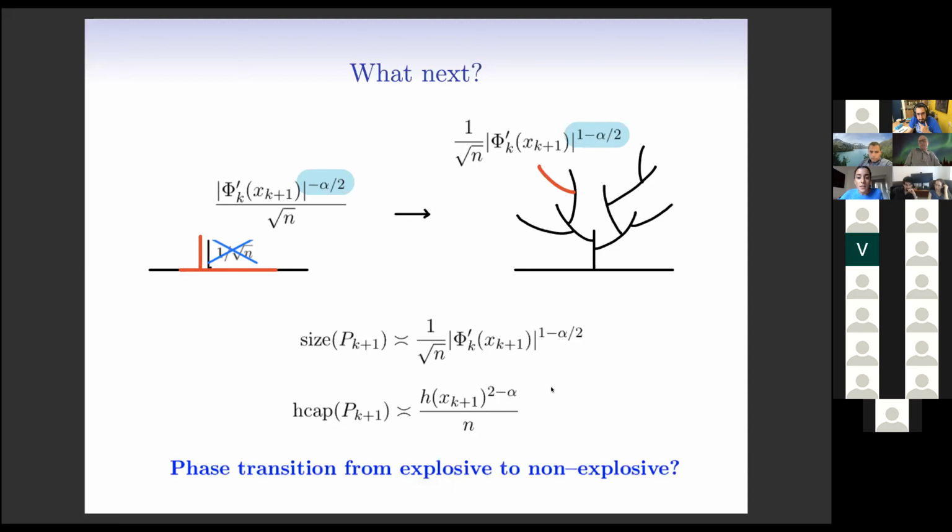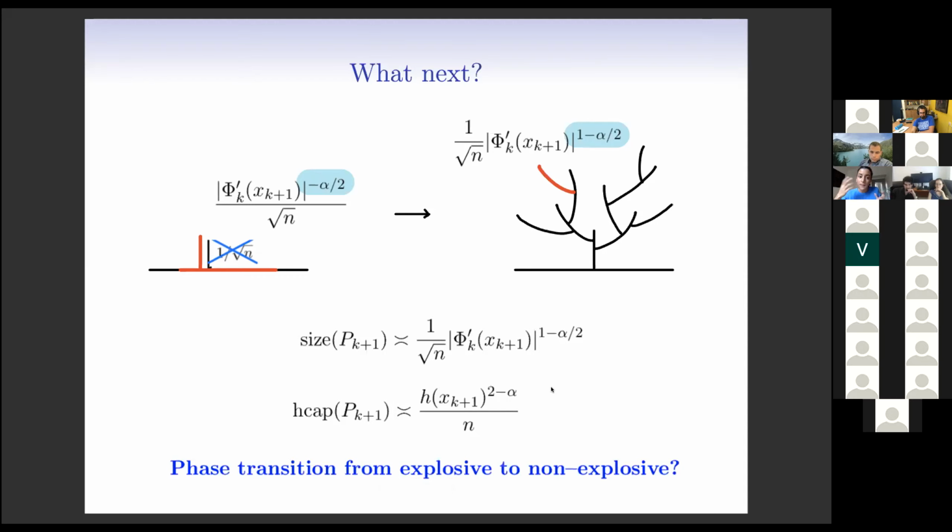And the question is, is there a phase transition? So we know that if we don't try to compensate for the distortion, which is the case we studied so far, there is explosive behavior. So the diameter of the clusters goes to infinity.